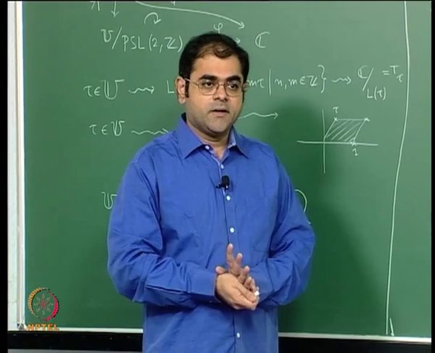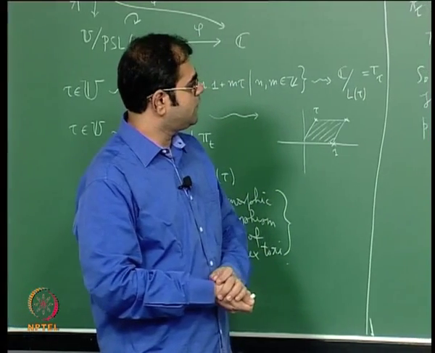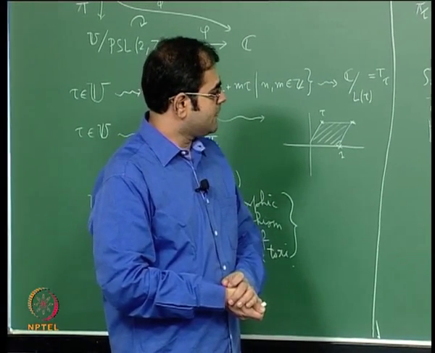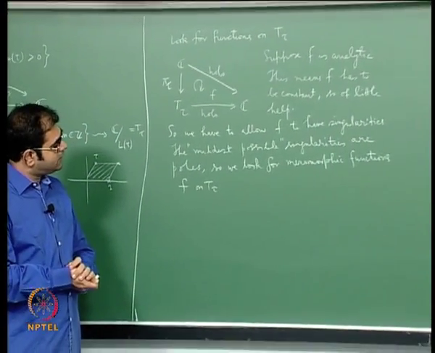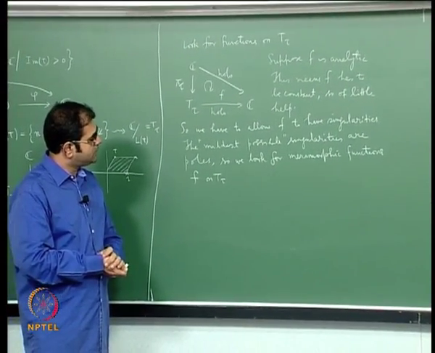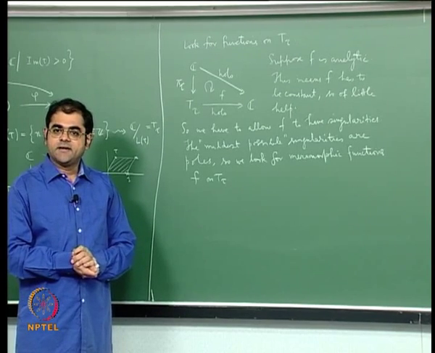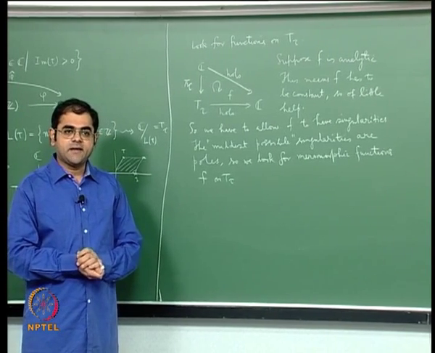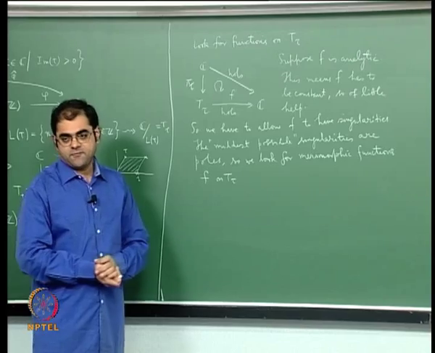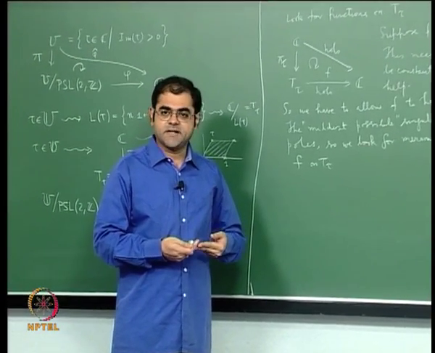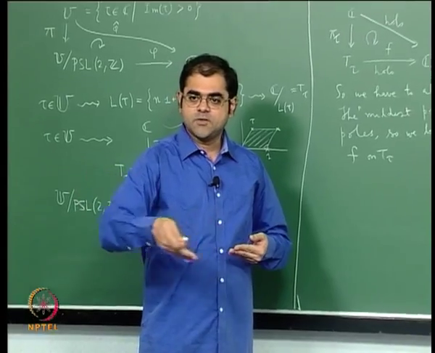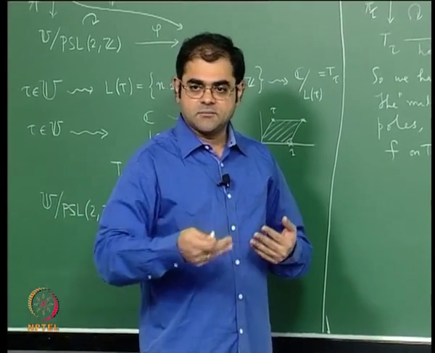So you are looking at meromorphic functions, and therefore I can have a discrete subset and I can have poles at each point with certain multiplicities.